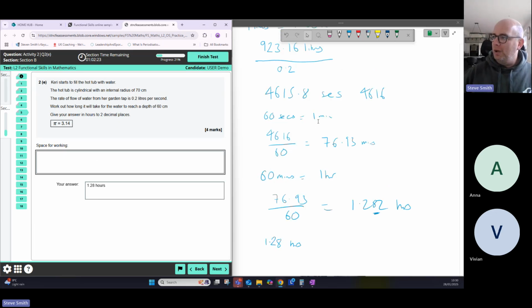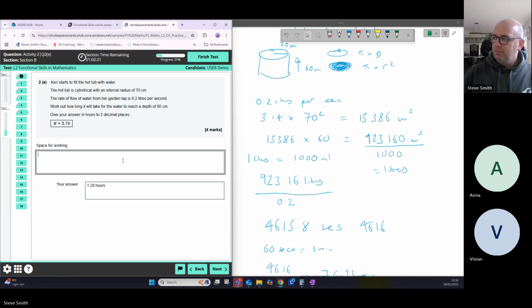What workings out would I put on here? I'd definitely show that I've worked out the area of my circle at the end. So I'd have said 15,386. Then I'd have done my volume, 15,386 times by how deep I want to fill it up.